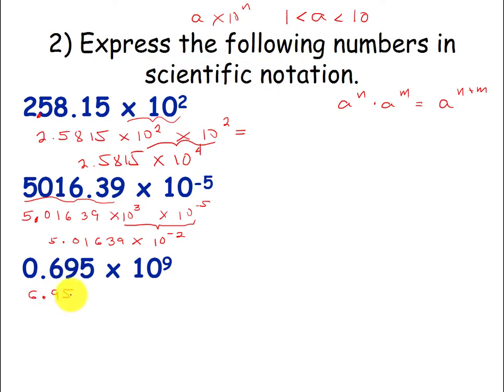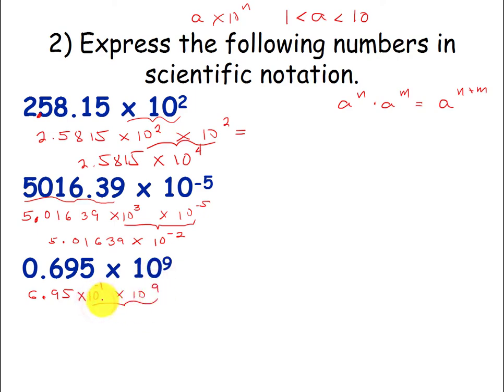So right now, what we are doing is to rewrite this into the scientific notation. Times 10, we move our point once. Now, since our original number 0.695 is less than 1, the exponent should be a negative number. Alright, now bring down times 10 raised to 9.